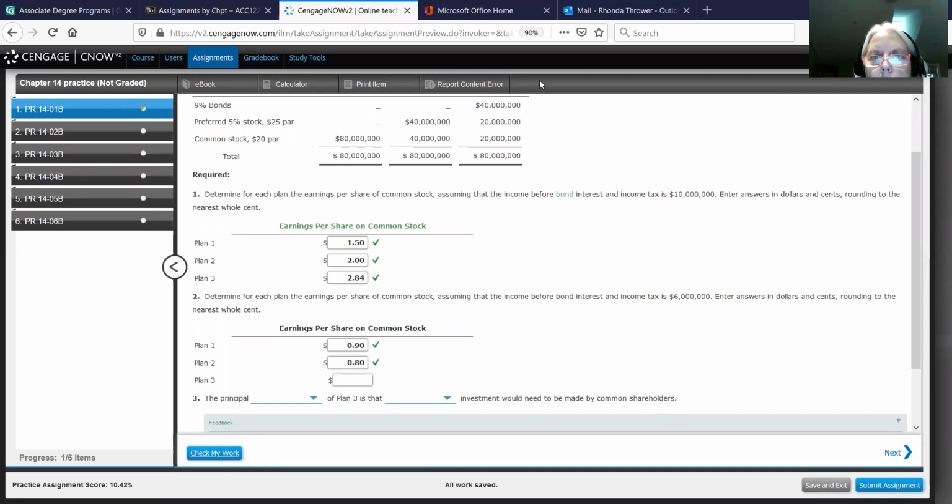Now we're ready to look at plan 3. In plan 3, we did issue some bonds. We issued bonds at 40 million, at 9% interest. So our income from operations is 6 million from requirement number 2.